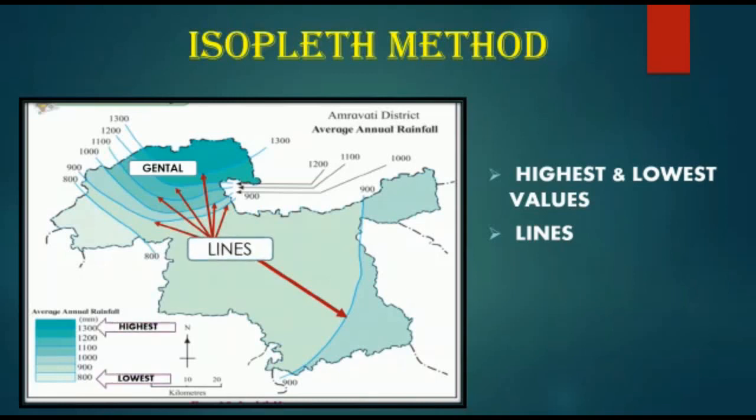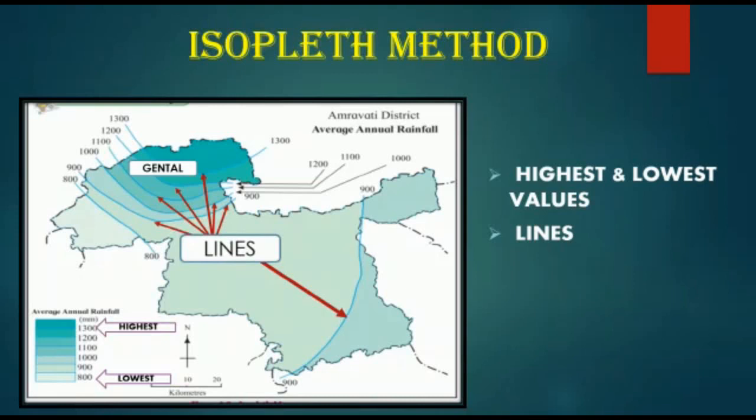Let's take more information about highest and lowest values and lines. By considering the highest and lowest values of the variables, the class interval is decided, which in turn decides the difference between the lines. Here, the highest value is 1300 millimeter, whereas the lowest value is 800 millimeter.